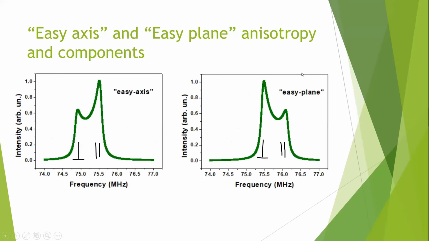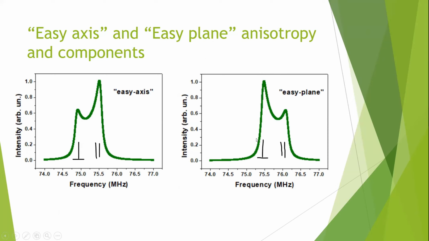But there are two types of anisotropy which can be realized in this structure. This is easy axis anisotropy, with the higher frequencies dominating, and easy plane anisotropy, when the lower frequency vectors are dominating.